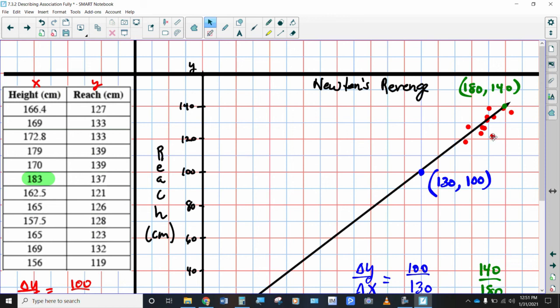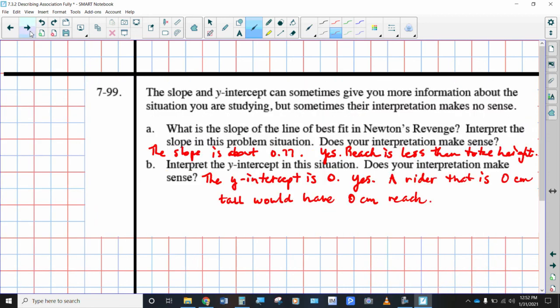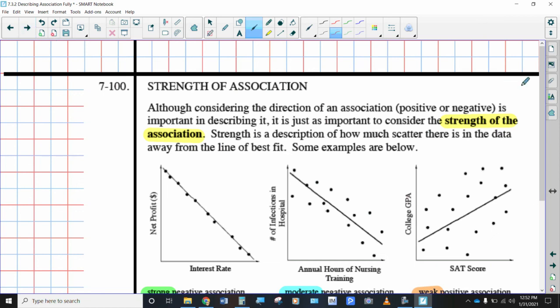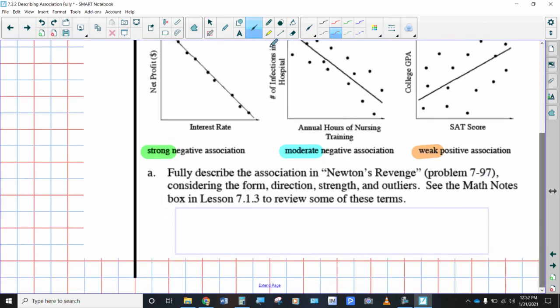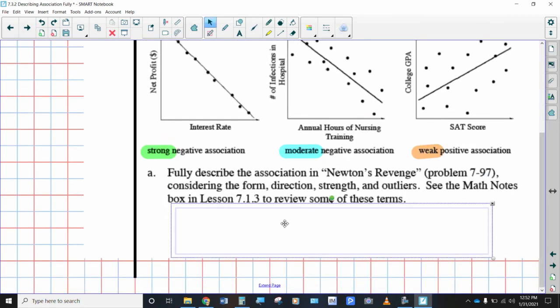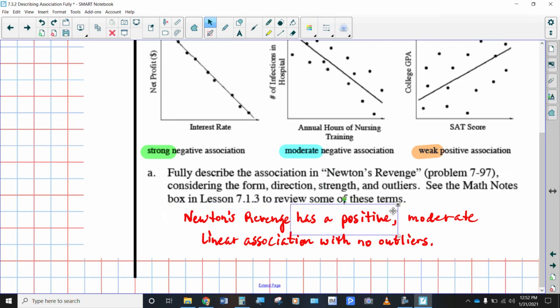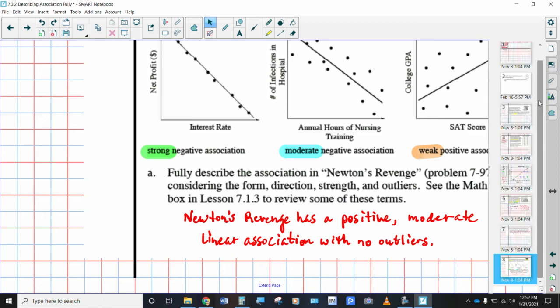I mean, this one comes close to an outlier, but it's not like here, or it's not like here. So those would be clear outliers. I don't think there's any clear outlier there. So positive, linear, moderate, with no outliers is what I believe is the full description of the situation. Positive, moderate, linear, no outliers. All right, so that does it.